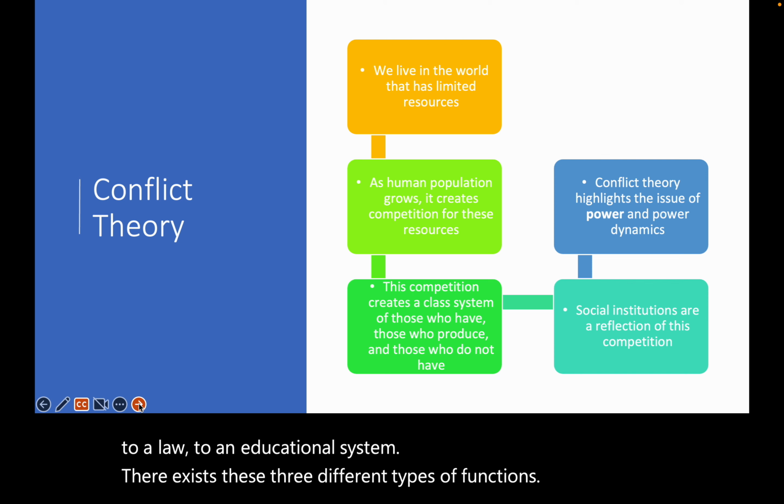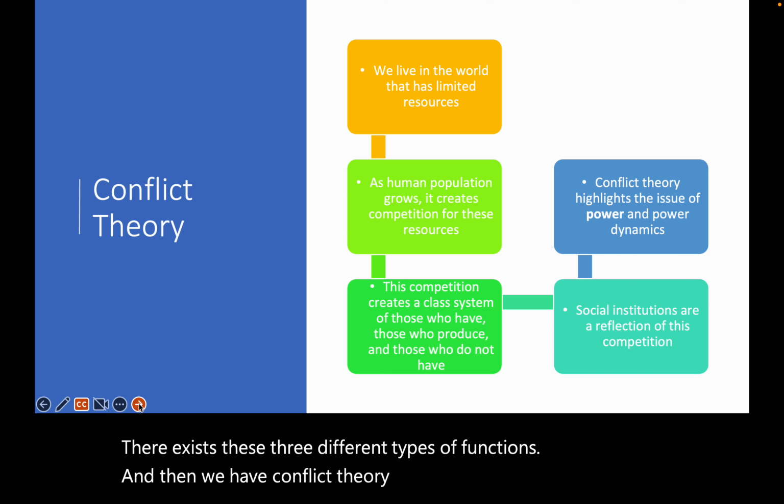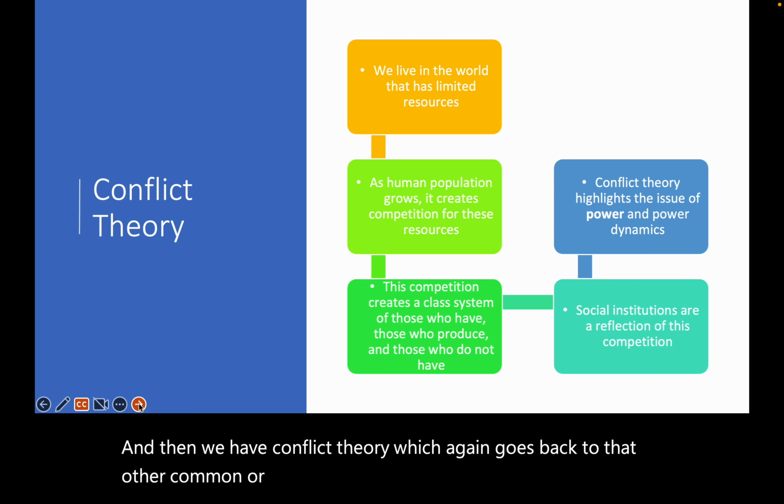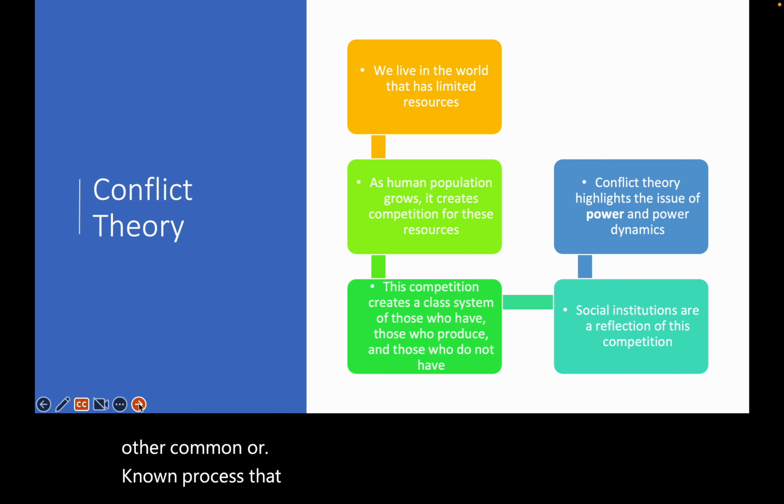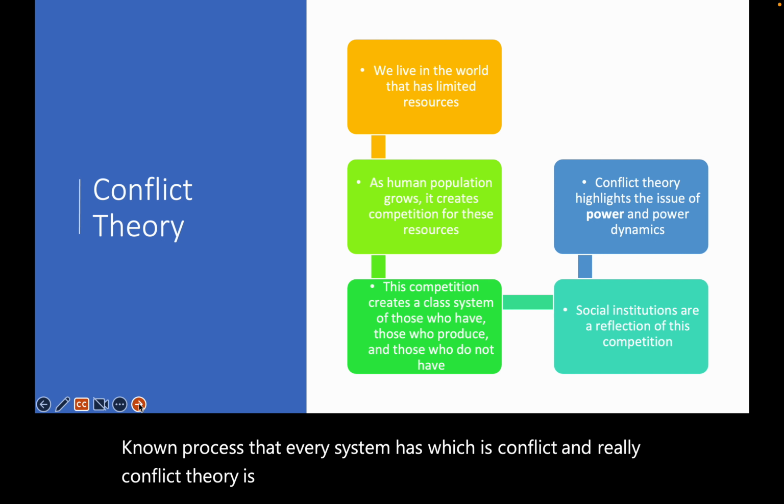And then we have conflict theory, which again goes back to that other common or known process that every system has, which is conflict. And really, conflict theory is just based on this idea that we live in a world that has limited resources.